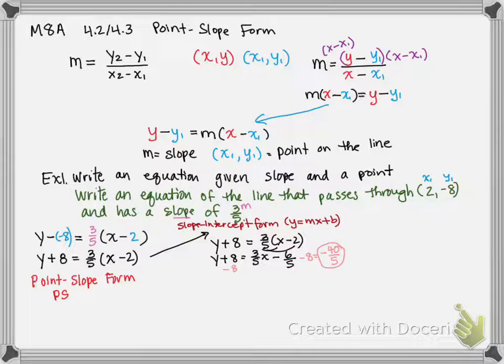So that's going to give me y equals 3/5 x minus 46/5. I haven't done this. Let's go ahead and box up the final answers here. And that's my final answer for slope-intercept form.